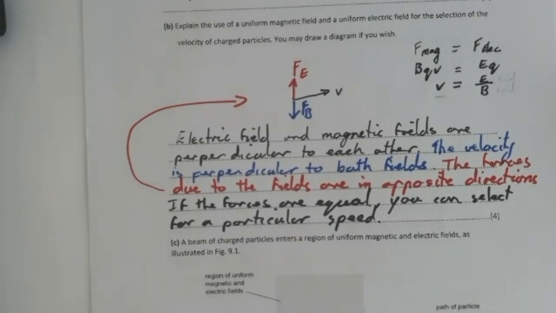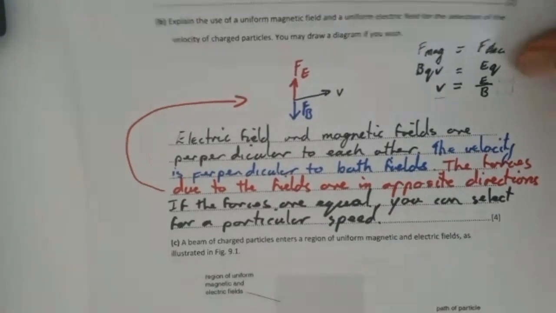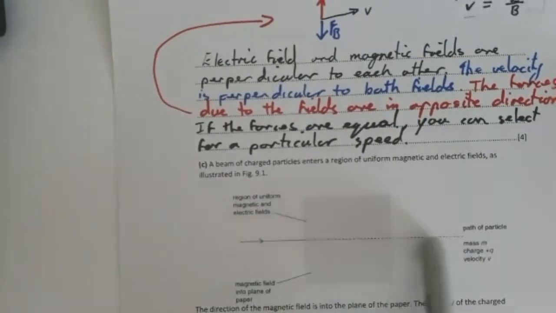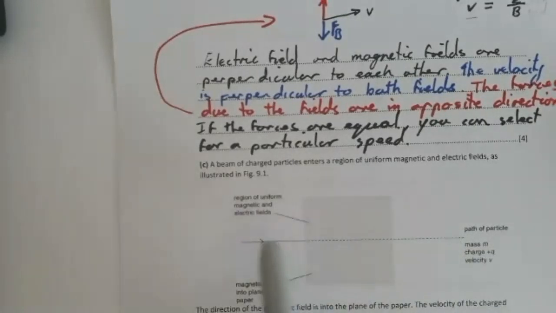And I think this bottom picture could be a very similar type of approach where you just say a region of uniform magnetic and electric field, and then draw your current that is perpendicular to it. And if they are equal to each other, you will experience a straight motion of the particles. Right. Okay. So a nice 4 marks.